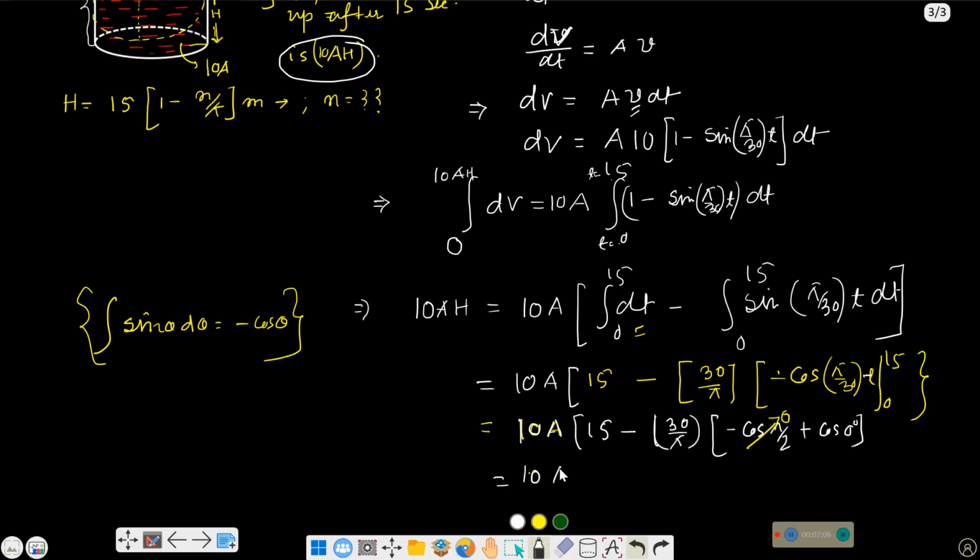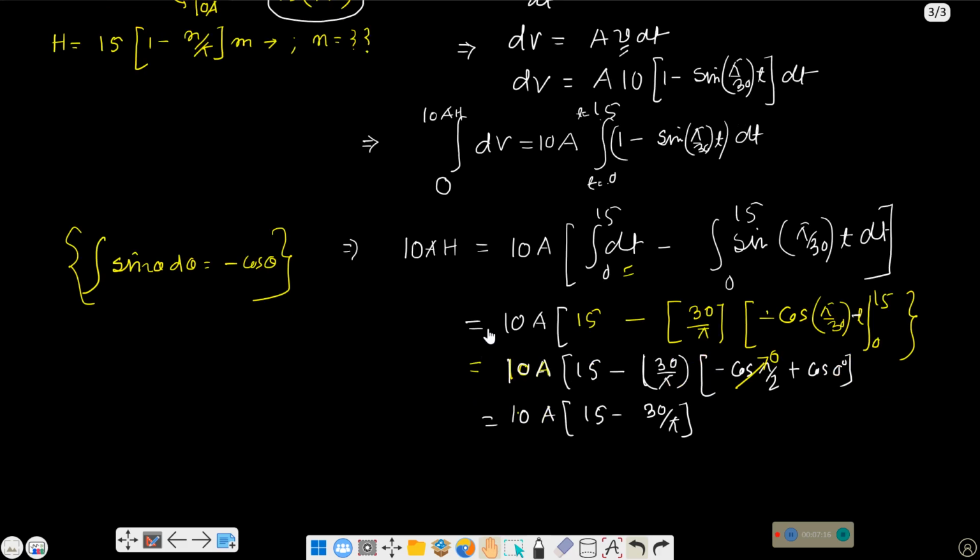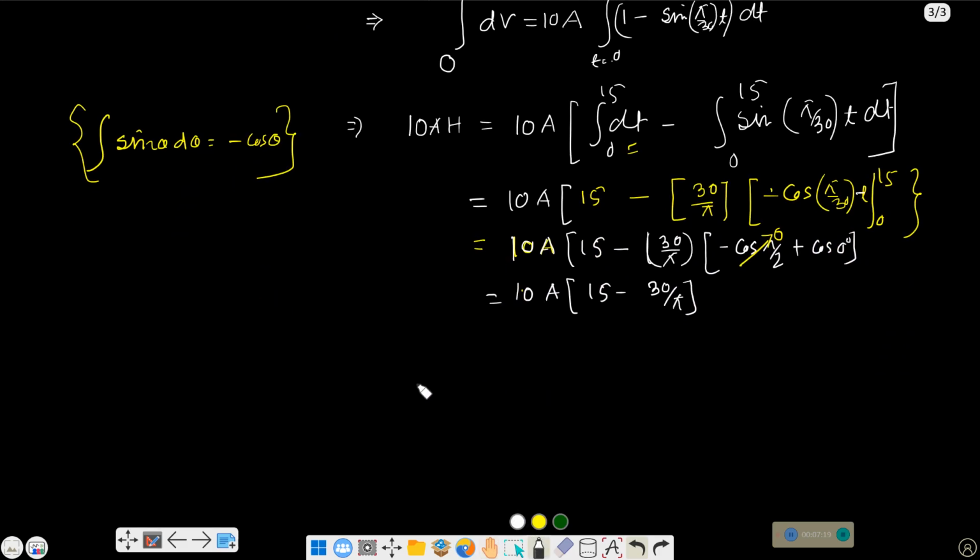So we are left with 10a(15 − 30/π). This is the right-hand integration. On the left-hand side we have 10ah. The 10a cancels out, so we are left with h = 15 − 30/π.